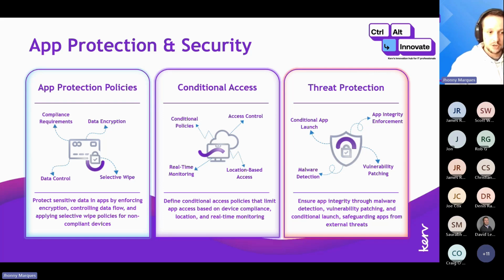Now, this can be done with conditional app launch, which allows you to configure how that app is launched, whether they will need a PIN to access, how long they have access to your apps and your data if the device was to go offline, and when you can wipe that device if it exceeds a period of time from that device being offline and your data is removed.